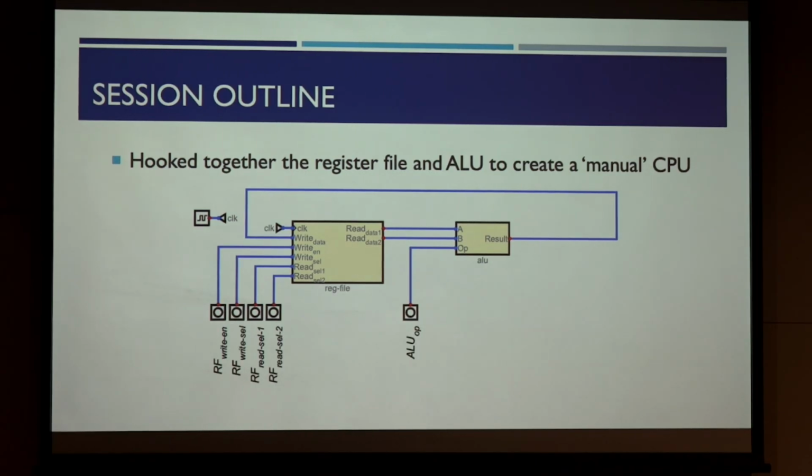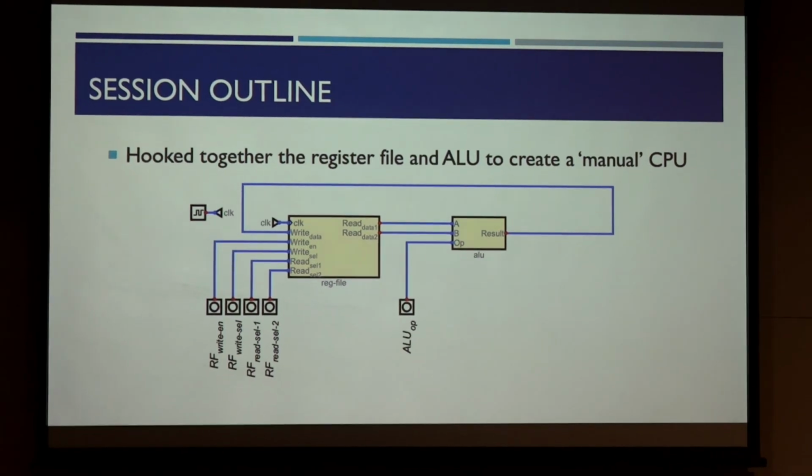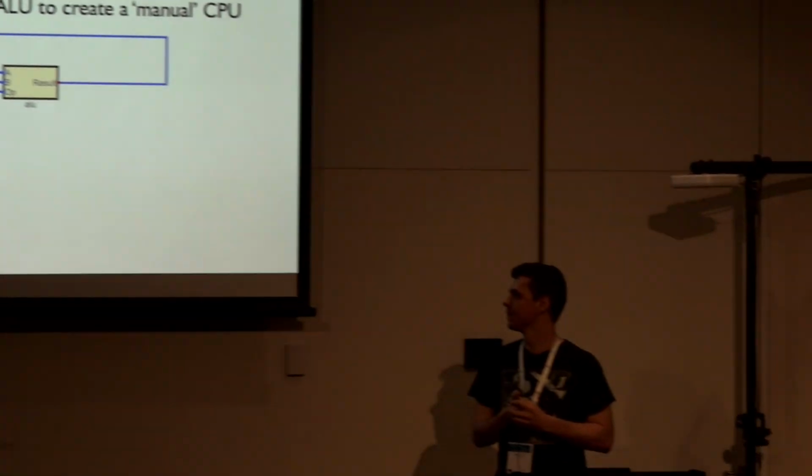And so students got really excited here, because this is the first point where you could actually start doing what looks like computation in a way that might be recognizable. So registers are analogous to variables, and then your ALUs, your operations on them.